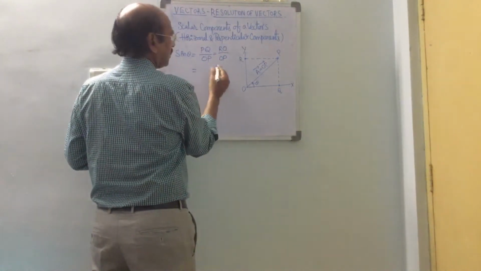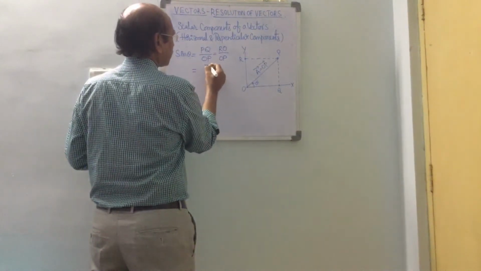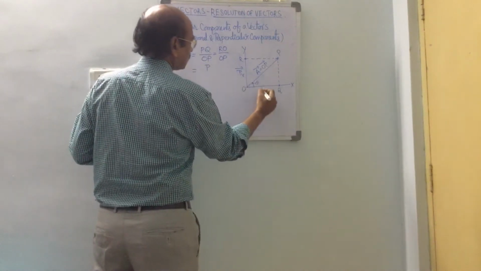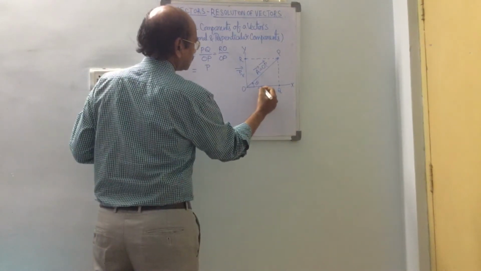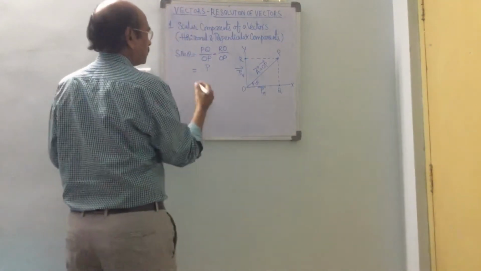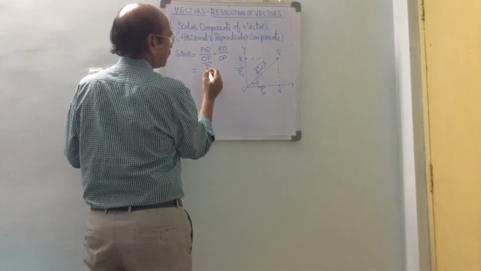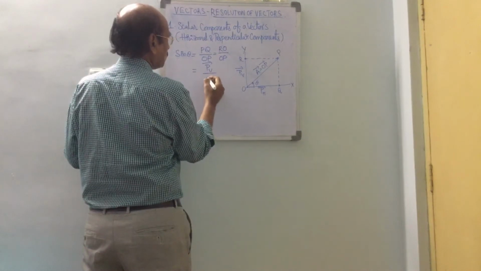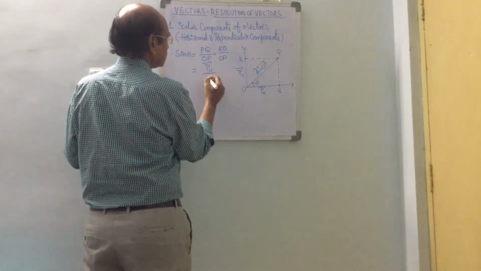So the vertical component of A bar, let it be A bar V, divided by OP, where OP means A bar.